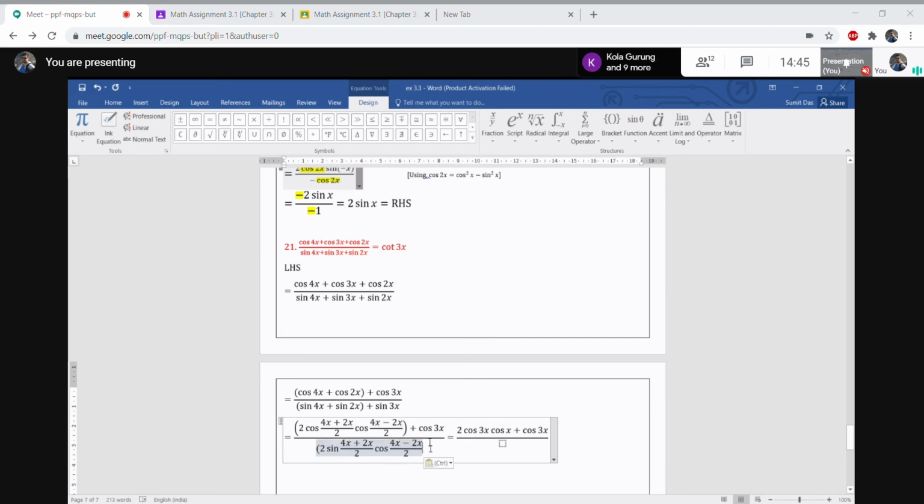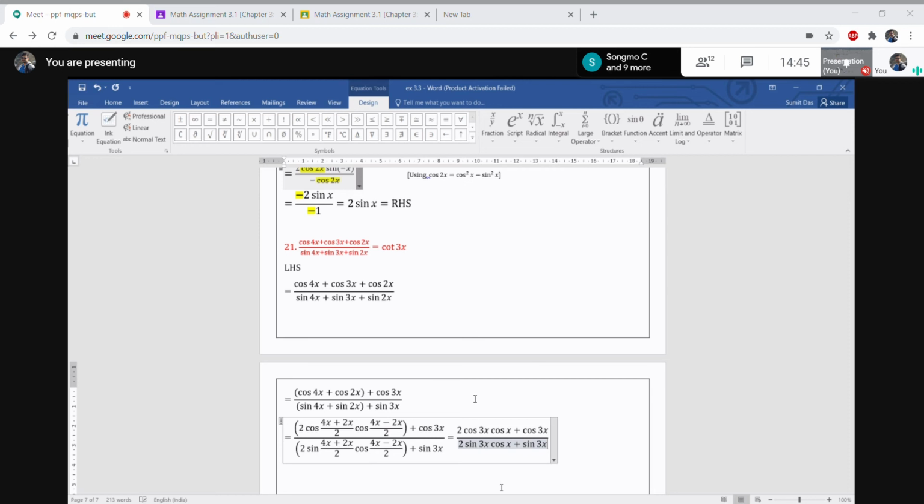That is our bracket work, plus what do you have? Sine 3x. So if you simplify this one, you will get 2 sine 3x and cos x, and plus sine 3x was there.